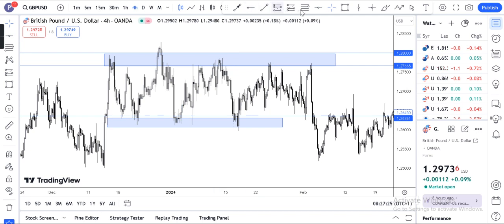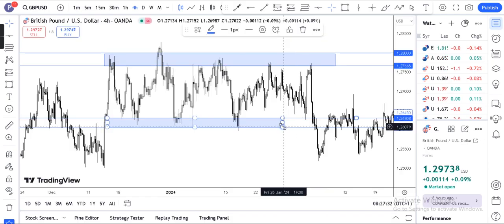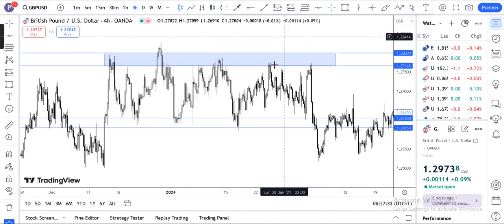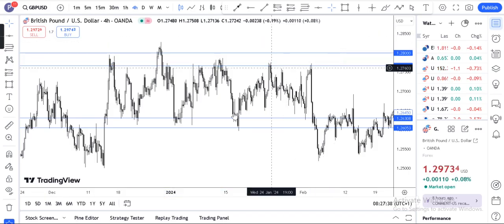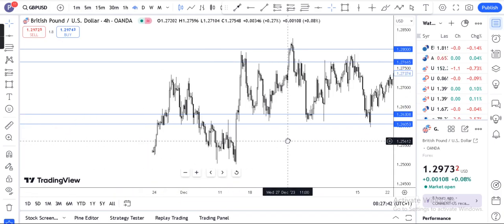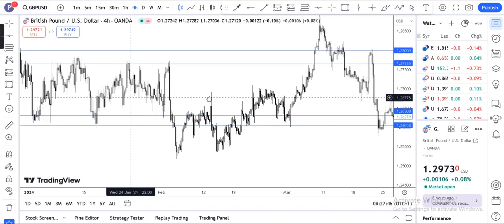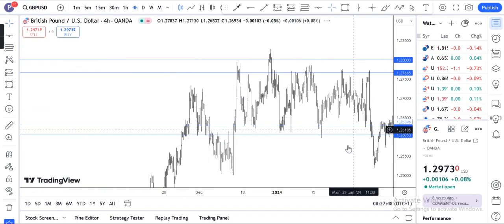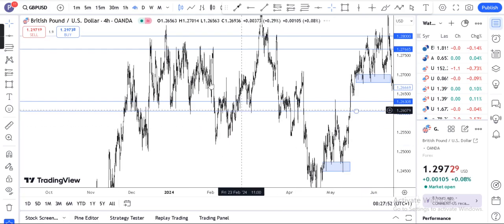All you are doing is simply marking out that particular level to identify and understand that when the market got into these particular price levels, it always bounces. That is how you mark your support and resistance levels. When you use this tool and swipe it straight, it always gives a reaction.